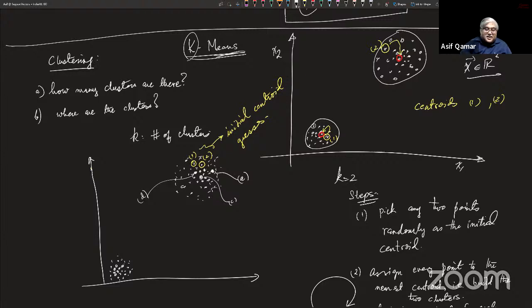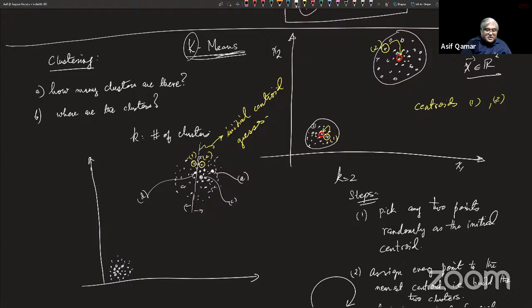So how do you decide who belongs to what? One easy way geometrically is to take the perpendicular bisector of the line connecting these two centroids, and you would realize that everything to the left of this line belongs to one, and everything to the right of this line belongs to two.